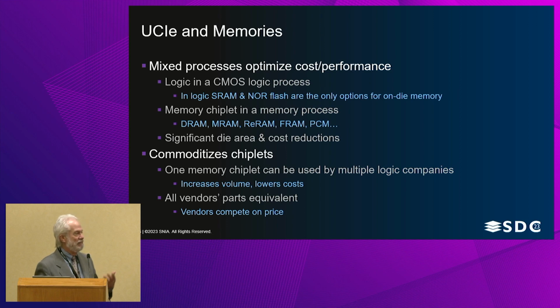And so if Intel, AMD, NVIDIA, anybody else who builds processors is using the same chiplet, then the market gets big and there'll be multiple sources for it. That'll get up the volume, that'll get the costs down. And then Micron, SK Hynix, Samsung, Kioxia, Western Digital might all jump into this market, say, we want a piece of that, we're going to compete on price, and bam, the prices go way down.